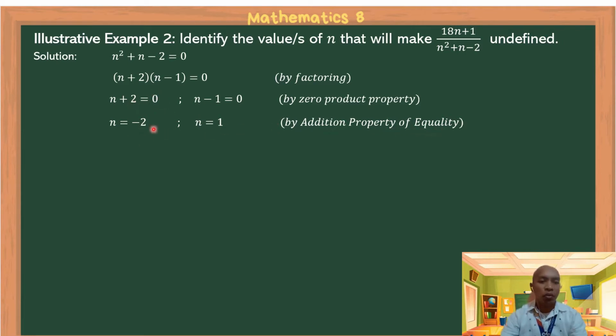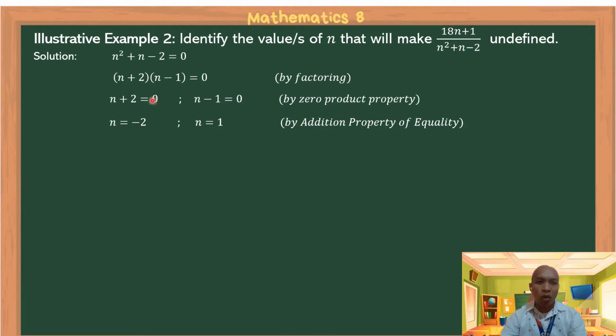So this is negative 2, and the negative 1 transposed to the other side becomes positive 1. So take note, the concept of transposing a quantity to the other side of the equation is not a property. The property behind it is the addition property of equality. The transpose is just a shortcut.